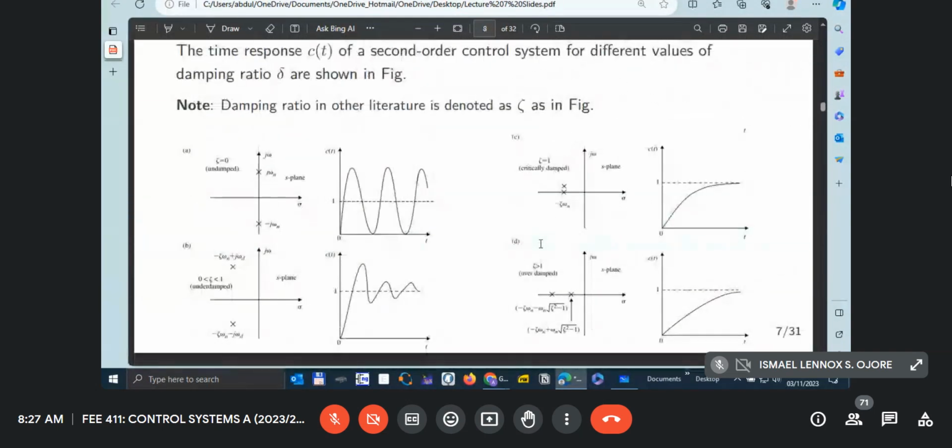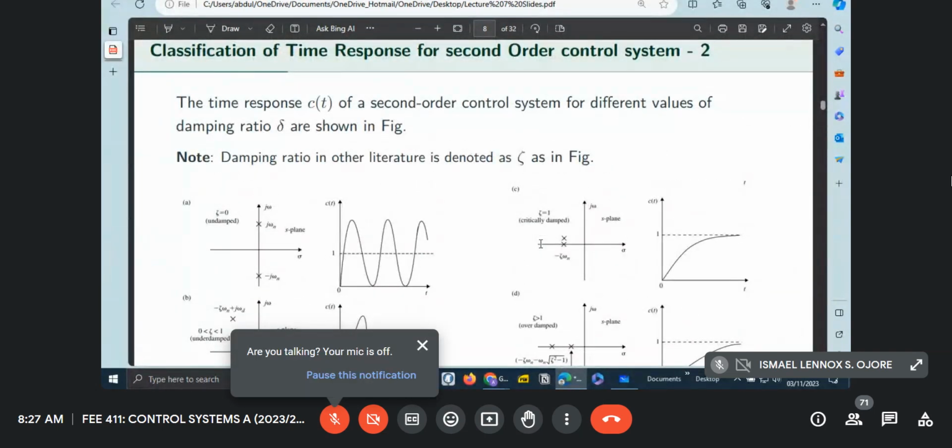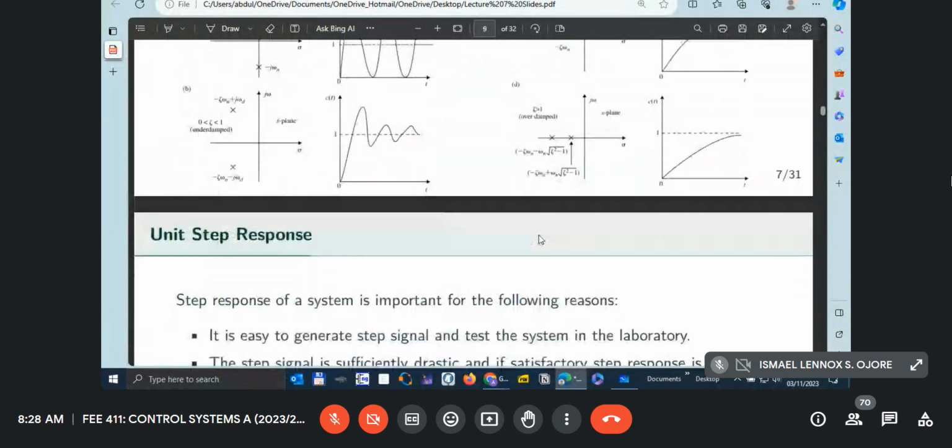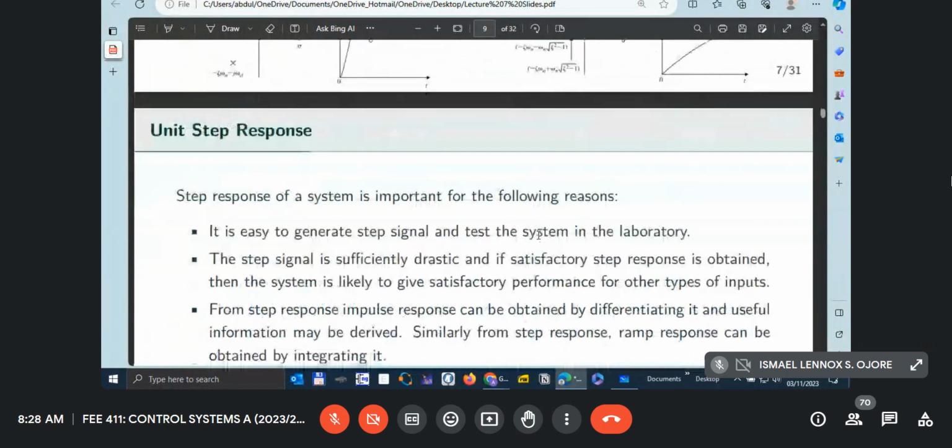So in our case, we will only discuss the time response of a second order system under the input of a unit step. So we'll talk about the unit step time response of a second order system. Why do we use a unit step response?